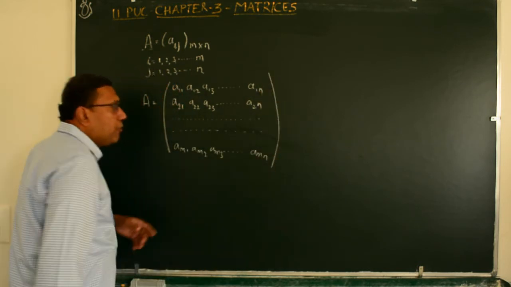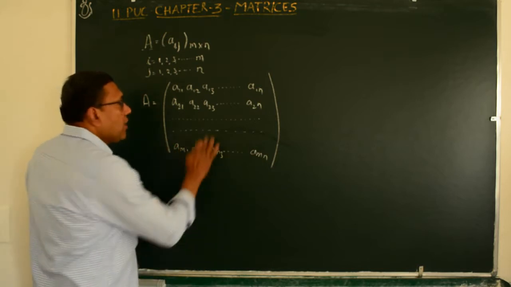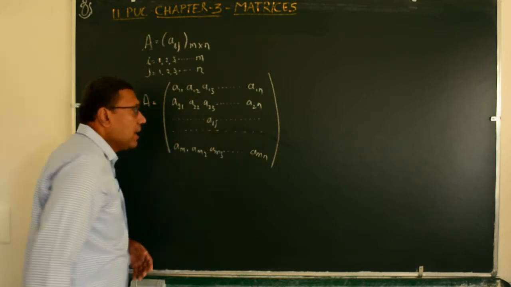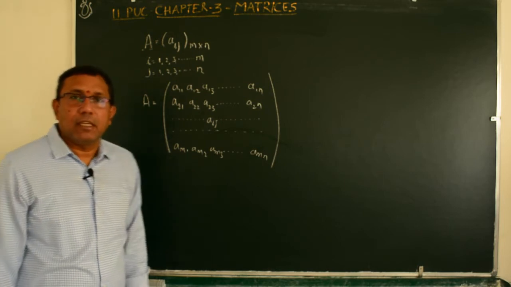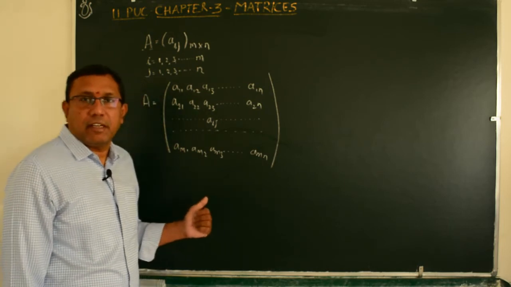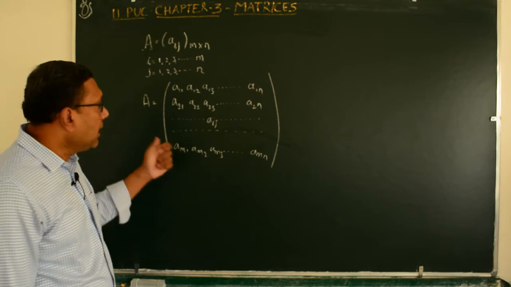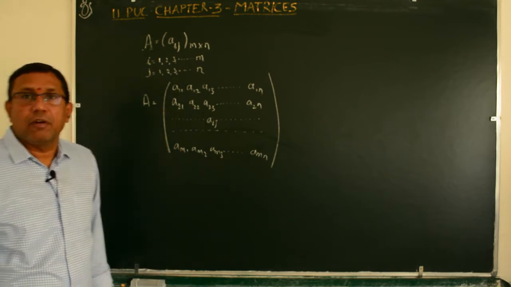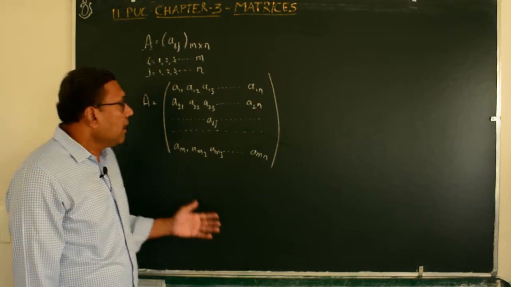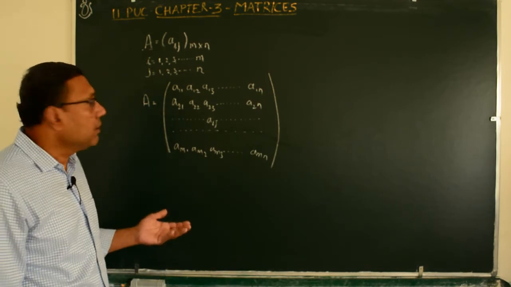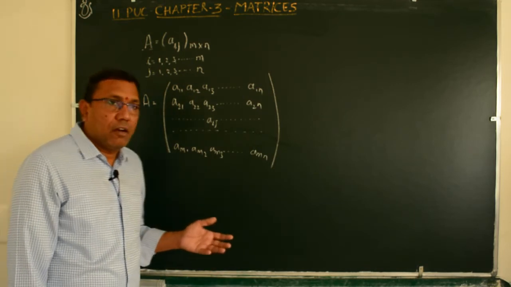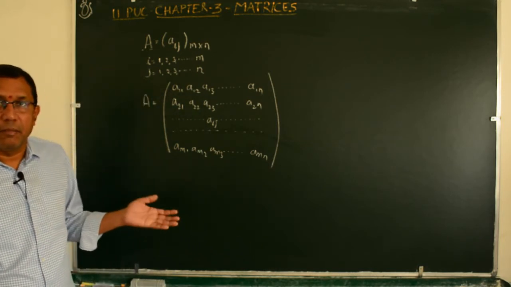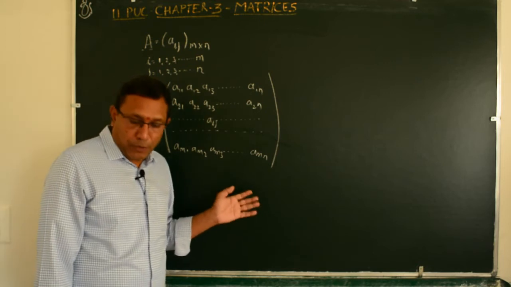And if you find an element somewhere in the middle, you will find it as Aij, which is an element of the ith row and jth column. This is the formal definition of a matrix, and there are a lot of types of matrices available. That also we are going to discuss.